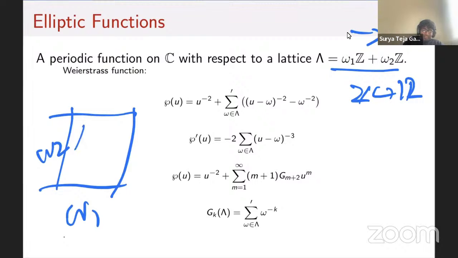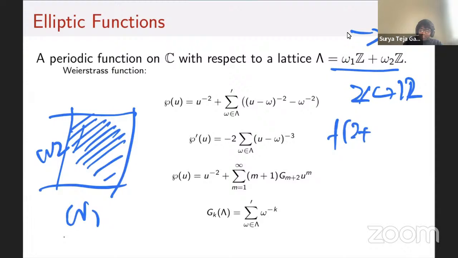That means the fundamental domain is just some parallelogram inside the complex plane, and f of z plus any lattice element is equal to f of z. So it's periodic in two directions. Such functions are called elliptic functions.